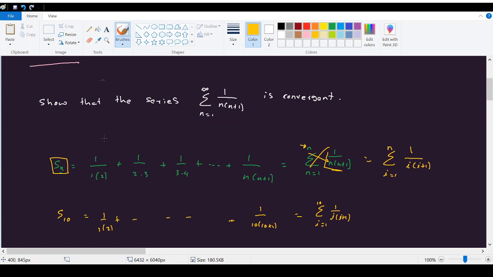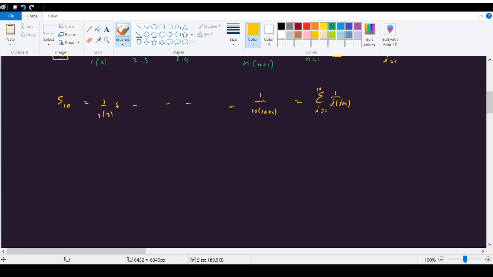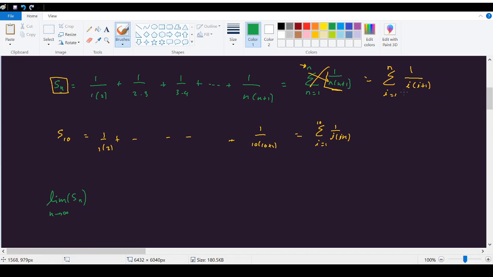So what we have to do is compute the partial sum sequence and see whether it has a limit. We need to check whether this one has a limit. Now if this is the very first time that you are doing these sorts of problems, this method might not be trivial, right?